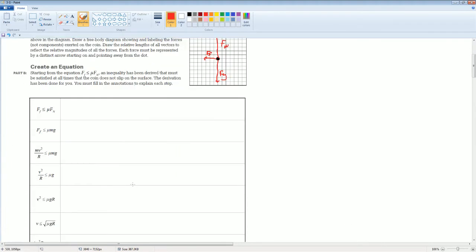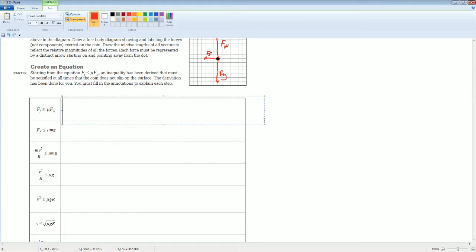Starting this, they give you the derivation. An inequality has been derived that must be satisfied at all times for the coin not to slip off the surface. The derivation has been done for you. You just have to fill in the annotations. So, what does this mean in English?